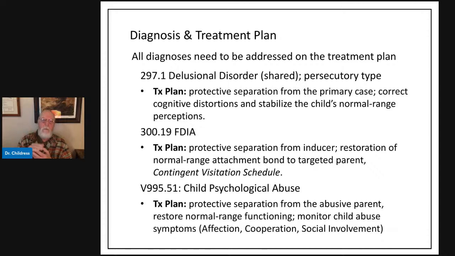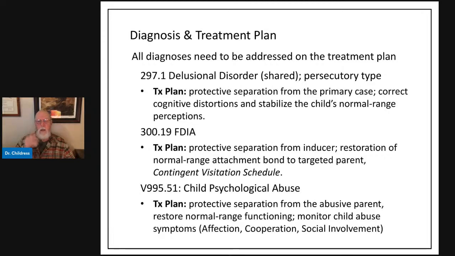So, for example, the first diagnosis, the delusional thought disorder, the treatment plan for that might be something like protective separation from the primary case, which is what's recommended from the American Psychiatric Association. And then we would want to correct the cognitive distortions and stabilize the child's normal range perceptions. So that would be the bullet point on the treatment plan, one of several probably, but dealing with the delusional thought disorder.